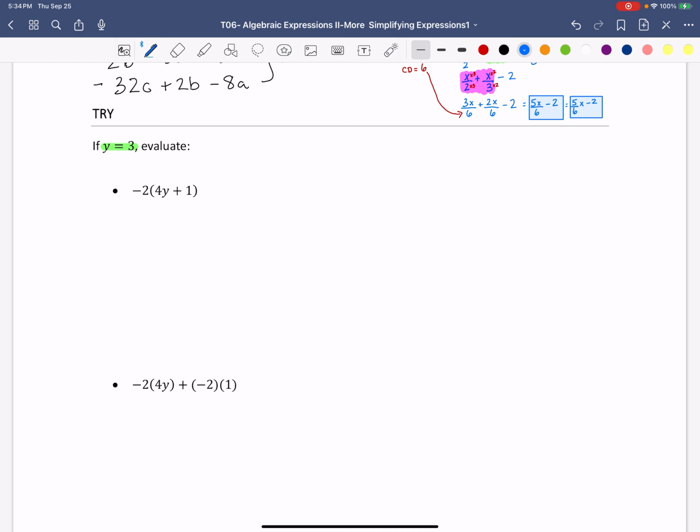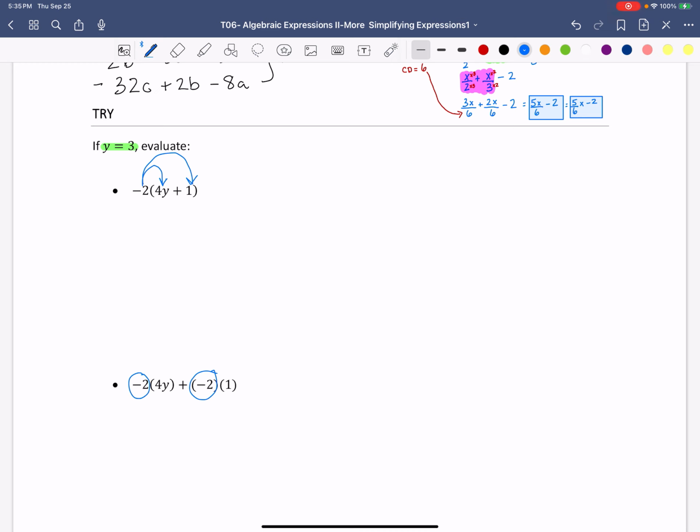So the negative 2, you can see, has already been distributed, unlike the top. So we're doing both of these just to show how, if we have our value for y, there's so many different ways that we can approach our algebra. So you could right away sub in the 3 for the y here.